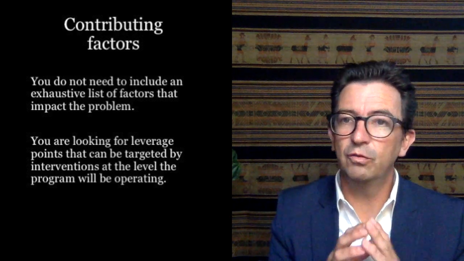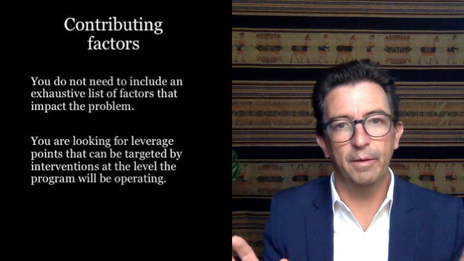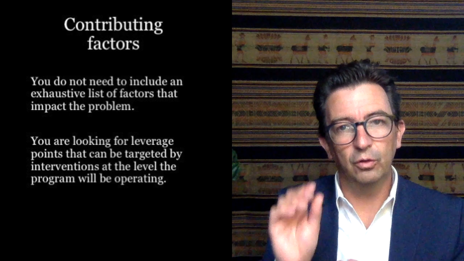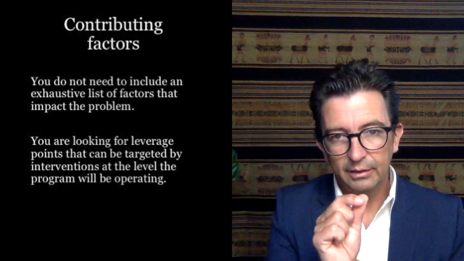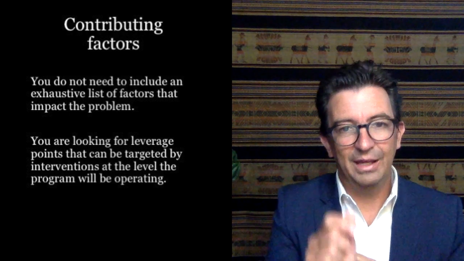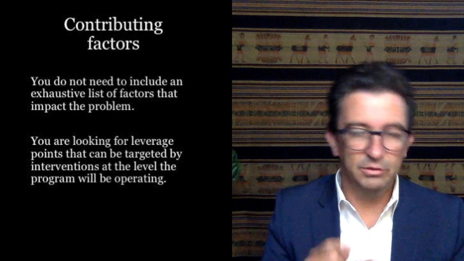You do not need to focus on all of them. You just need to look for leverage points that can be targeted by interventions at the level your program is going to be operating. What does that mean? And for that, let me give you an example.